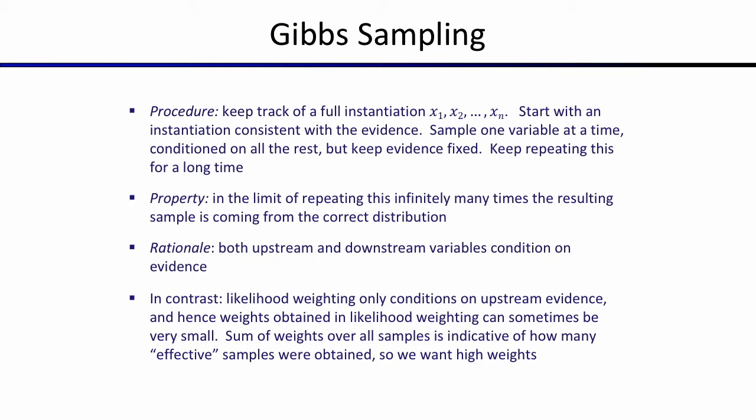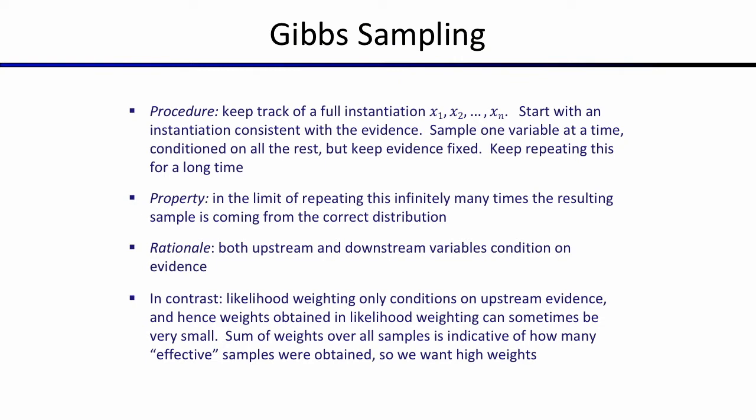In contrast, likelihood weighting, which was the last method that we discussed, only conditions on upstream evidence. Consequently, the weights obtained by likelihood weighting can sometimes be very small. The sum of weights over all the samples is indicative of how many effective samples were obtained, so we want high weights.